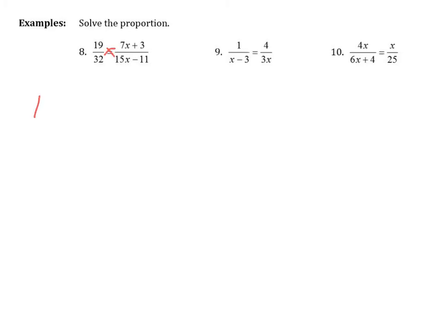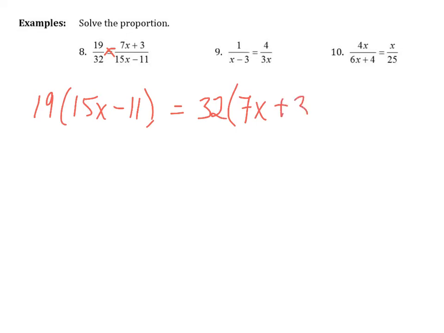So I'm going to have 19 times 15x minus 11. And then on the other side, I'm going to have 32 times 7x plus 3. Now I just need to distribute through.